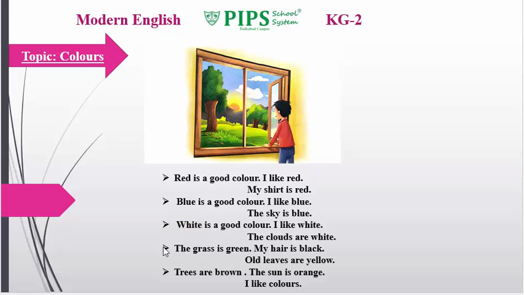Next one. The grass is green. My hair is black. All leaves are yellow. You can see in the picture grass is green.